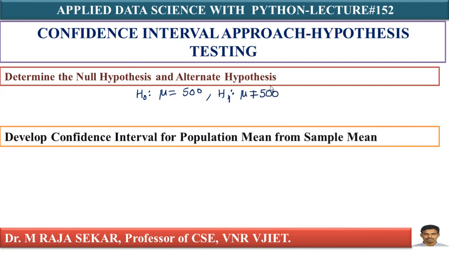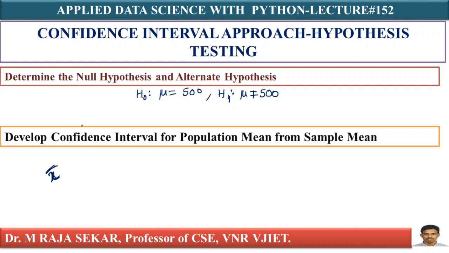Now we will try to develop the confidence interval. Select a sample, collect a simple random sample from the population and use the value of the sample mean, x bar. X bar is the sample mean. Use the value of x bar to develop the confidence interval for the population mean.